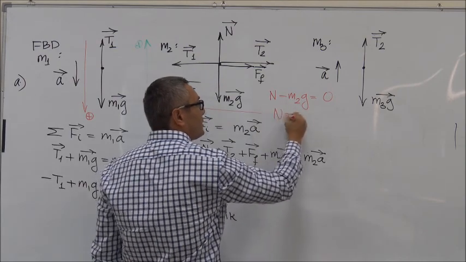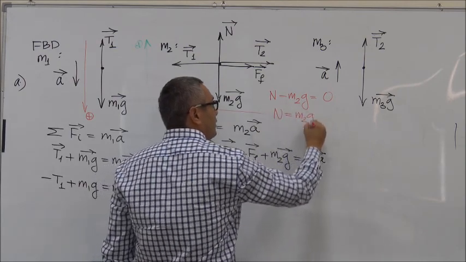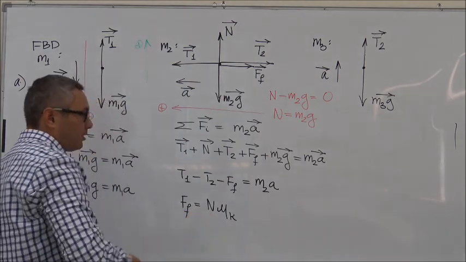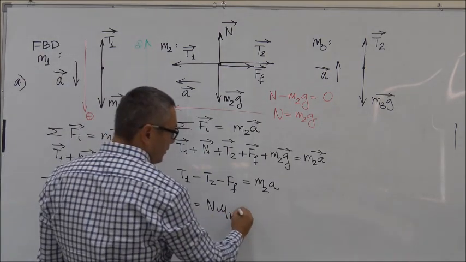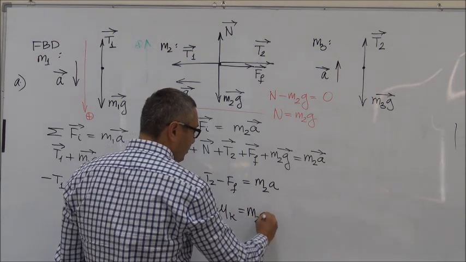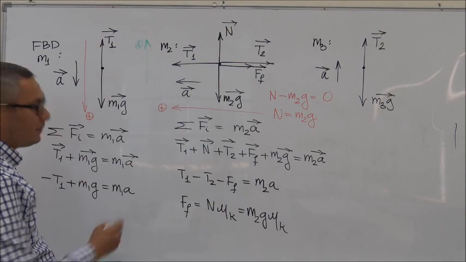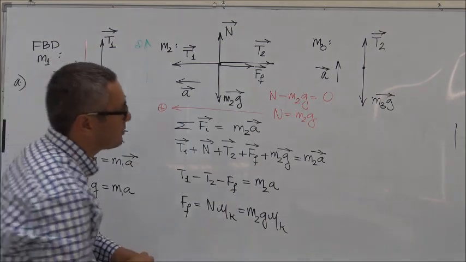Which means that normal is equal to m2g. So instead of m, we can just write here m2g mu k.